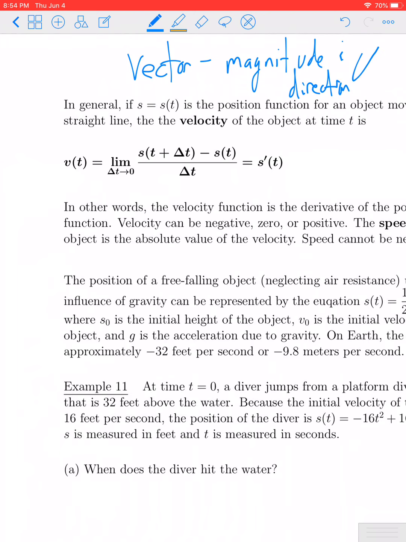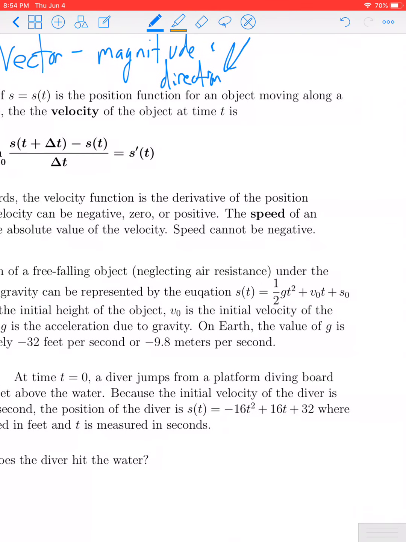And then whether the value is positive or negative, that's what's indicating to us the direction. Remember, positive could mean either going up or going to the right, depending upon whether you're looking at horizontal or vertical motion. And then a negative direction would be either going down for vertical motion or to the left for horizontal motion.